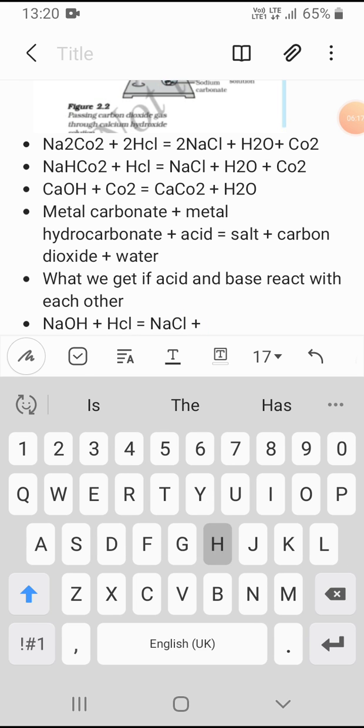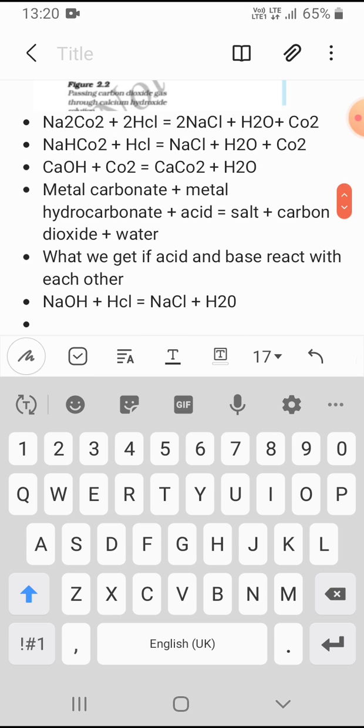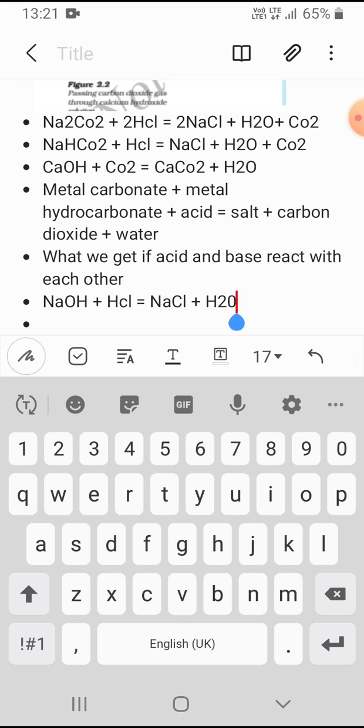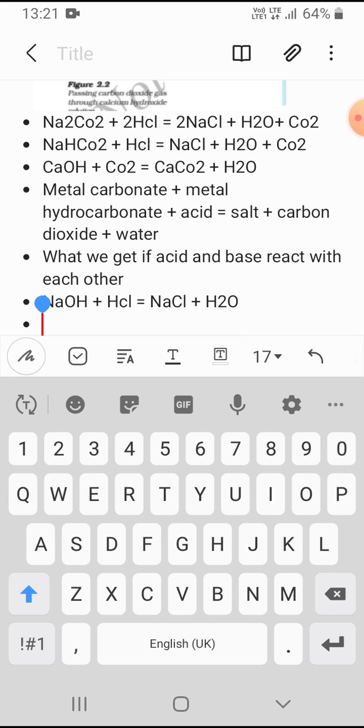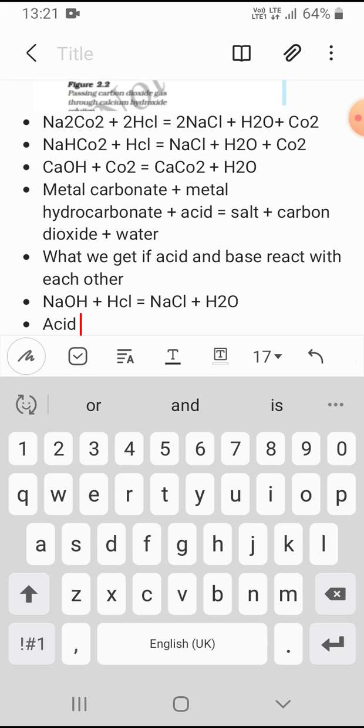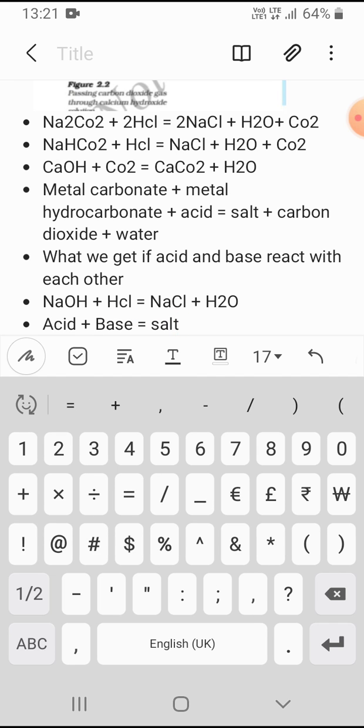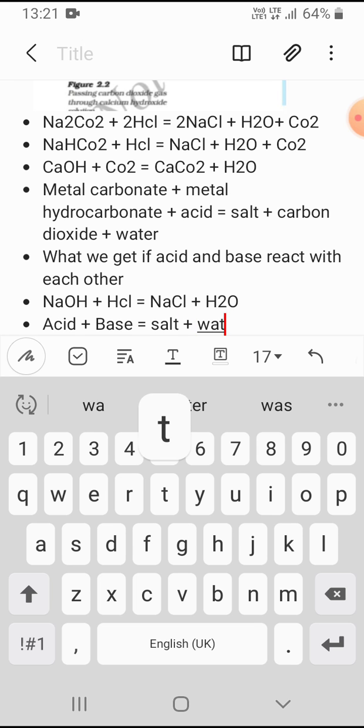So by this we can say that when acid and base react with each other, we get salt and water, NaCl salt and H2O water. As you all know, H2O is water.